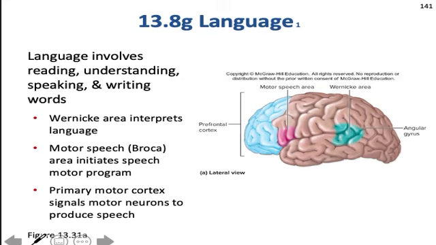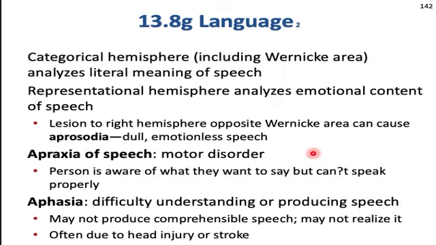The primary motor cortex signals the motor neurons to make the speech, okay? So it's not a surprise that our understanding of language would involve temporal lobe and a little bit of parietal lobe here, okay? And the motor portion is going to be firmly in the frontal lobe, okay?